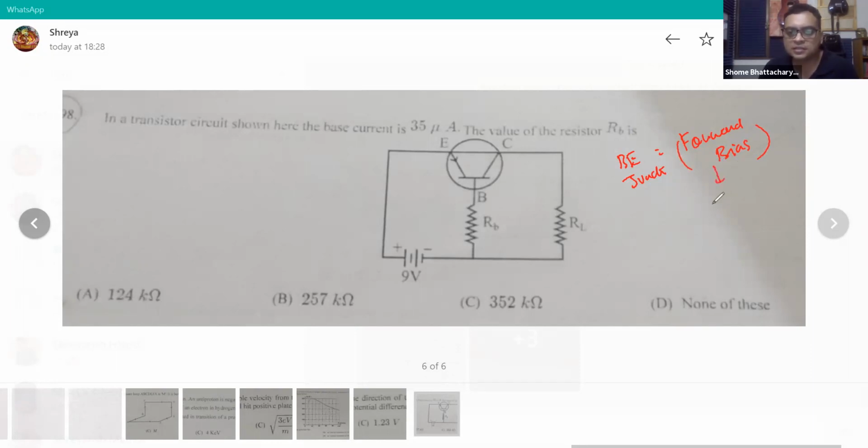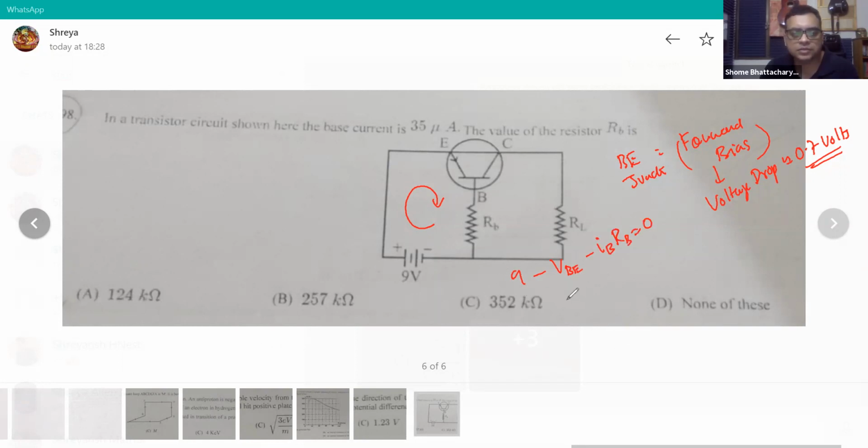So in forward bias, the voltage across the depletion layer, that voltage drop will be approximately 0.7 volts in forward bias. Okay, so to this 9 minus this minus IB into RB should be equal to 0.